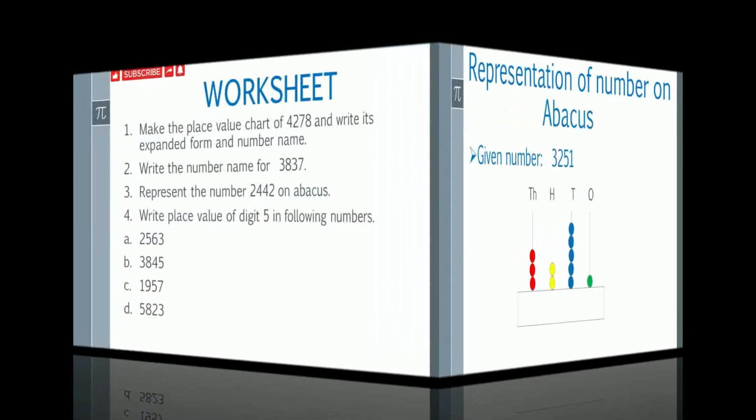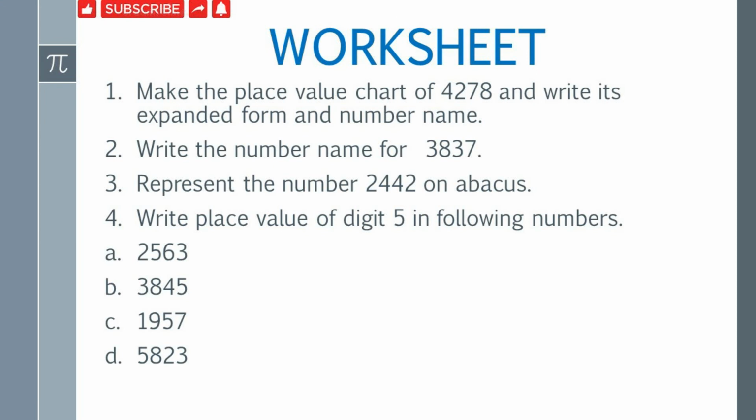Now children, I will give a worksheet to you for practice. First question, make the place value chart of 4278 and write its expanded form and number name. Second one, write the number name for 3837.